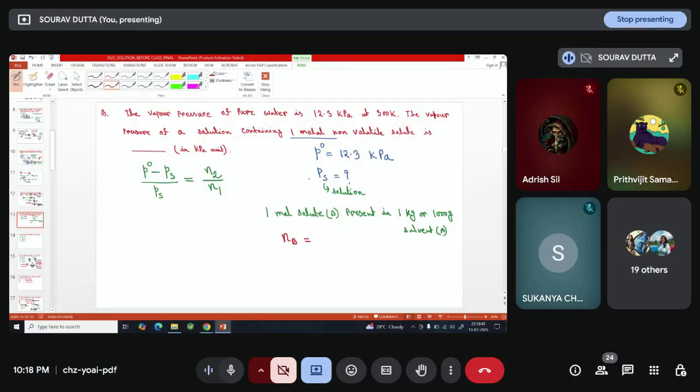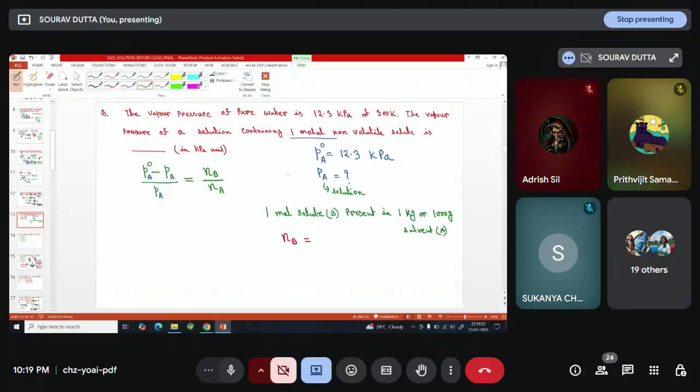Okay, here you may get confused if I present everything with the same symbol, so I wrote it with PA. So PA naught minus PA divided by PA: PA is the vapor pressure of A in the solution, and PA naught is the vapor pressure in the pure state, and instead of writing N2 by N1 I wrote NB by NA, that is the mole number of B divided by the mole number of A. B is the solute and A is the solvent.